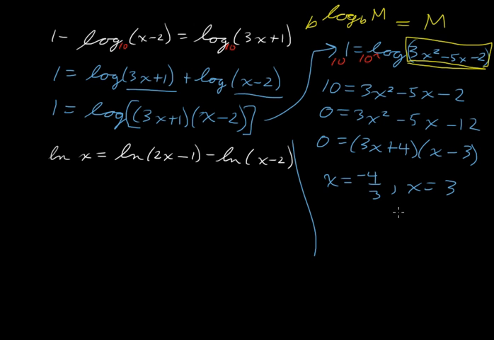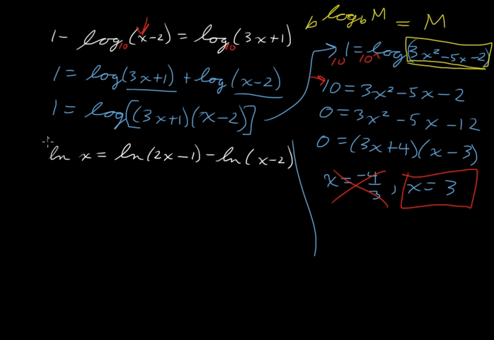Now, we of course have to throw out one of these solutions, and that's the negative 4/3, because if we plugged negative 4/3 in here, we'd be taking the logarithm of a negative number, so we can't do that. So even though it solves this equation, we have to remember that in the beginning we did start with logarithms, so we have to cross that one out. But the x equals 3 works just fine.